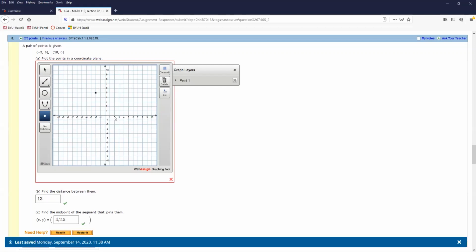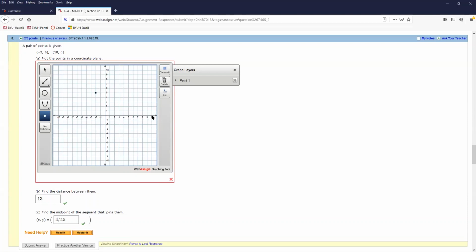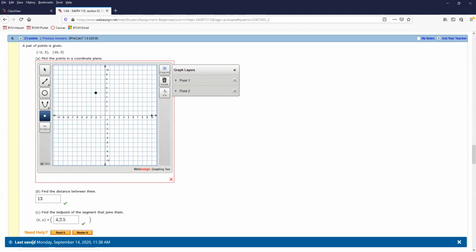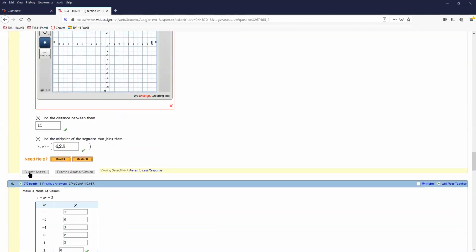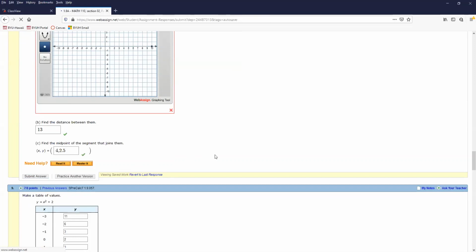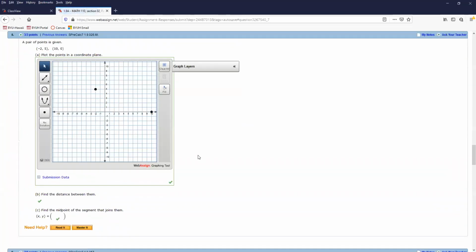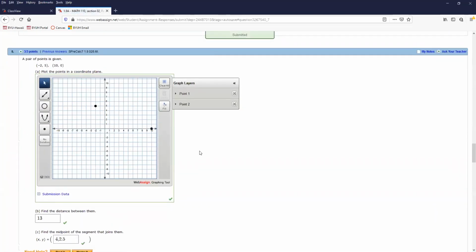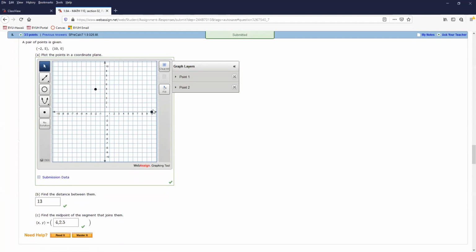And then 10, 0. You come out here to 10, and then 0 would be just on the line right there. Okay, so let's submit that. If it will let me, you can block me from submitting. Silly thing. Okay, good. So that's how you submit points.